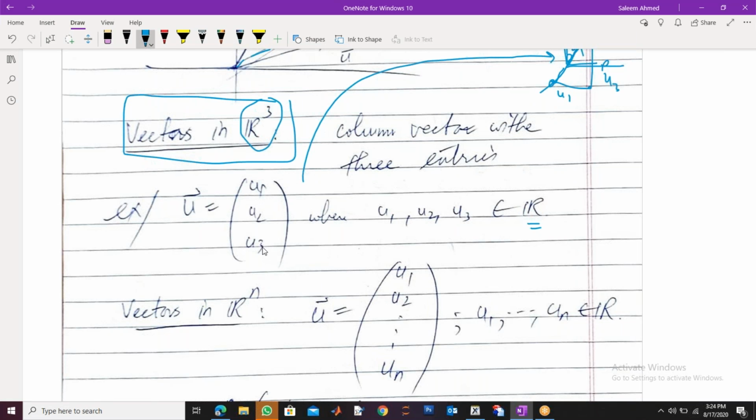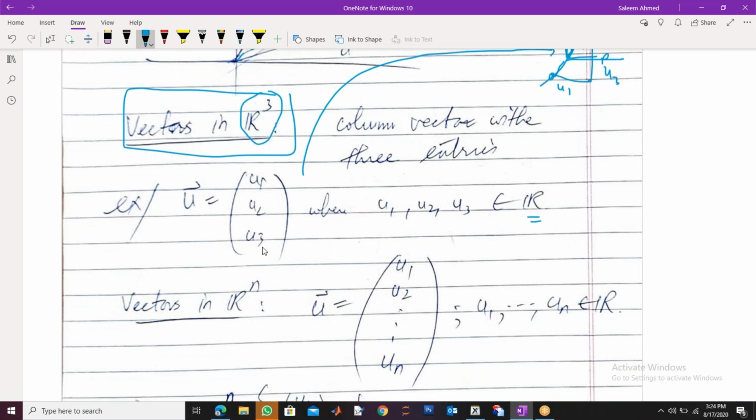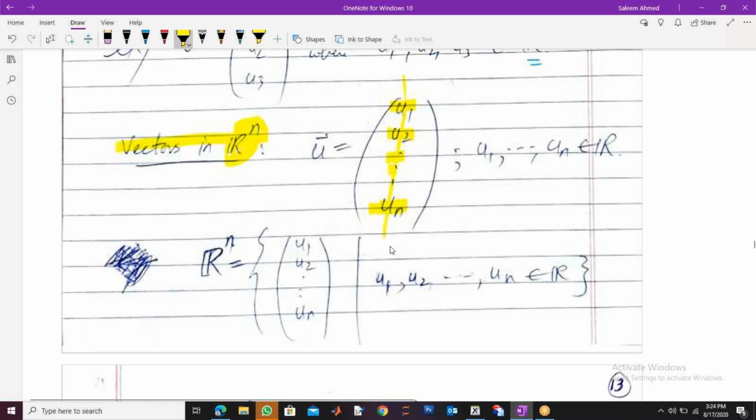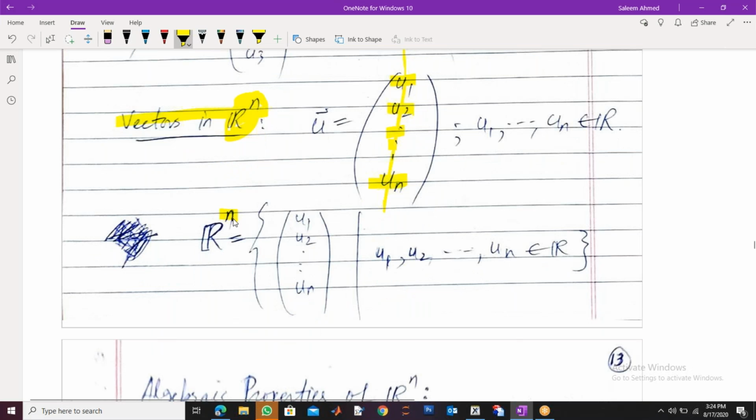Similarly, I can carry on and go to any dimensional space, or n. It means that by taking just one column and arranging any number of elements, 1, 2, 3, 4, 5, 6 up to 10, 20, 30, whatever, that will be called n-dimensional space, or Rn. What is Rn?